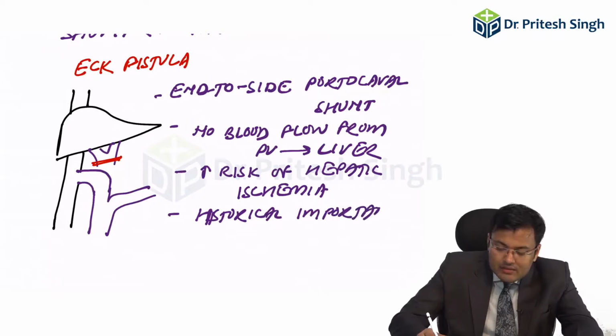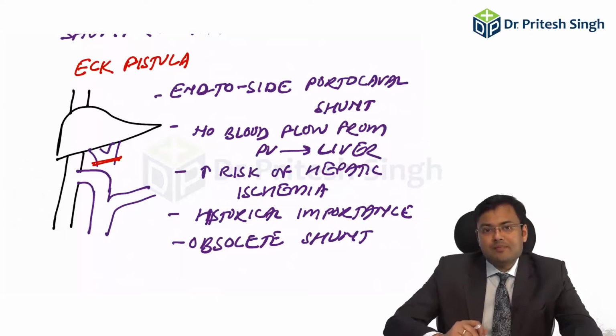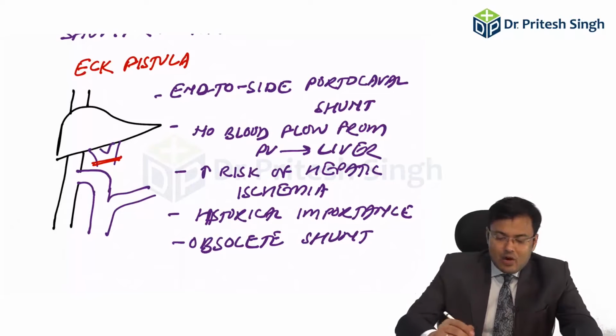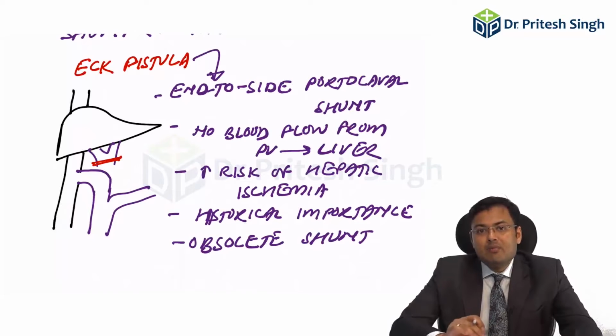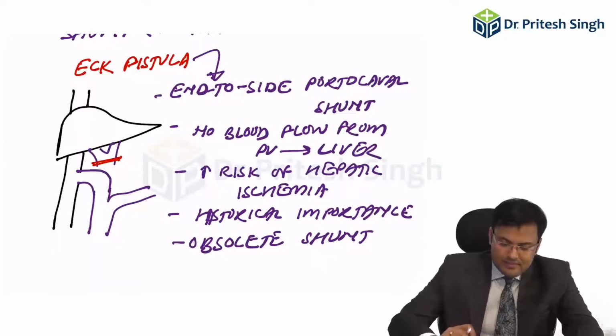So this is an obsolete shunt. It is not performed nowadays. So this is Eck fistula. What's the other name of Eck fistula? Can you see? End to side portocaval shunt.